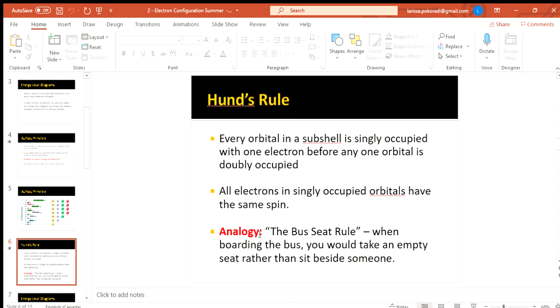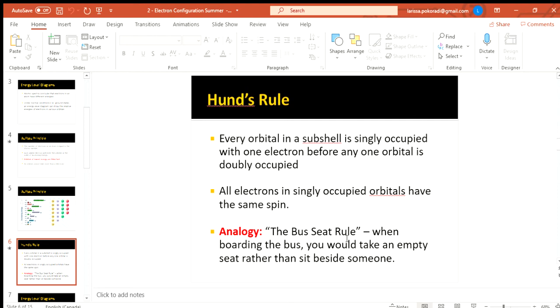So Hund's rule, if we just talk about electrons, we'll understand it, I'm sure, but an easier way is to call it the bus seat rule, especially now with COVID. But before, say you're riding the public bus to school and you get on the bus and there's someone in each 2-person seat, but there's one on its own with absolutely no one sitting there.